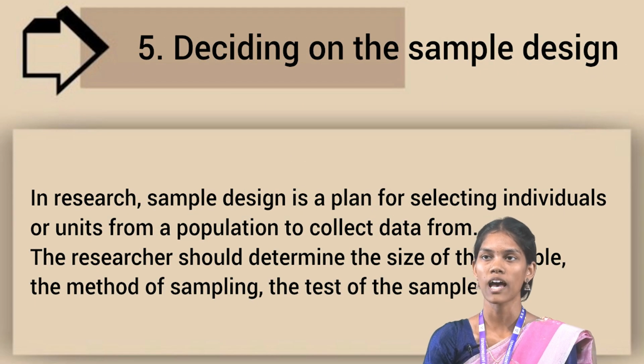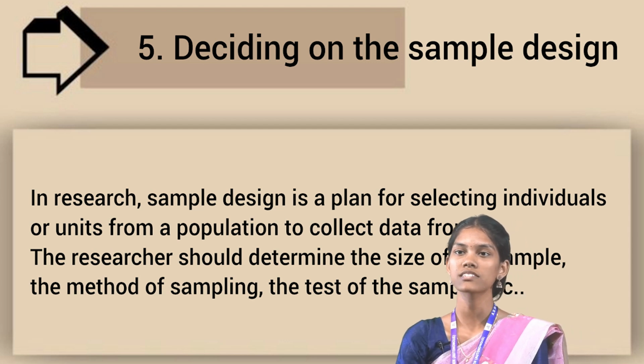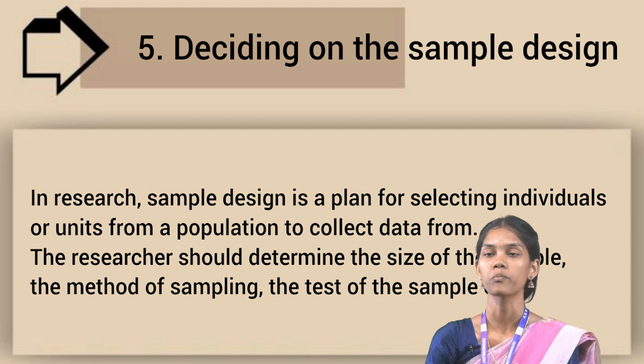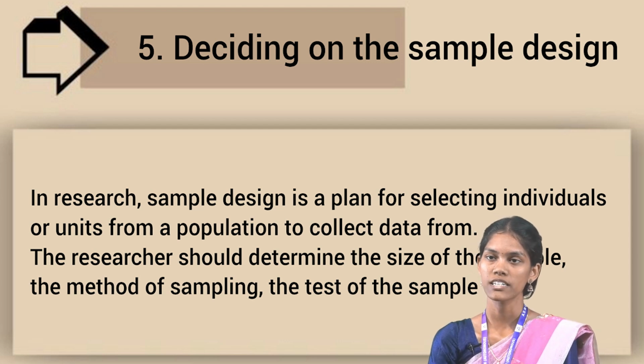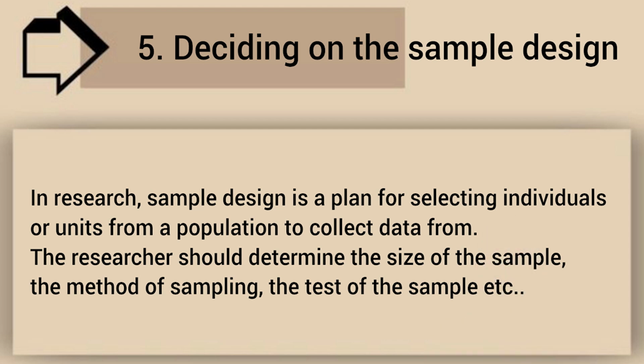Deciding on the sample size is the next process. In research, sampling design is planned for selecting individuals or units from a population to collect data from. The researcher should determine the size of the sample, the method of sampling, the test of the sample, etc.